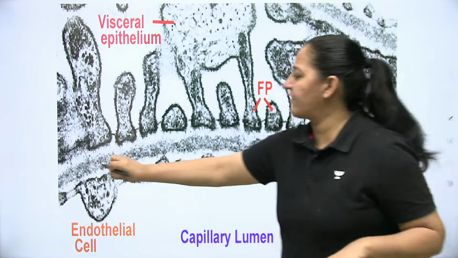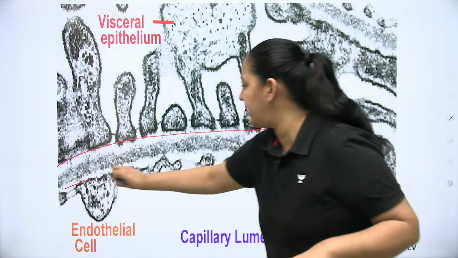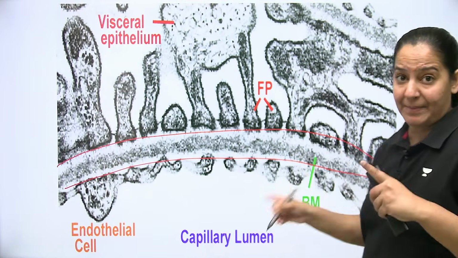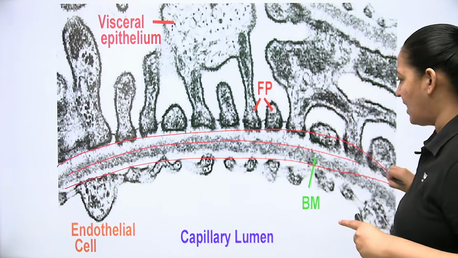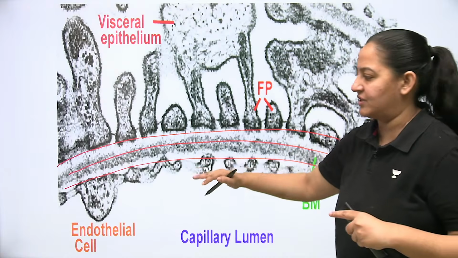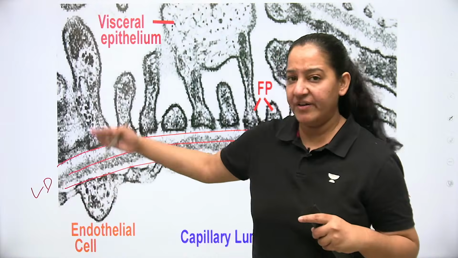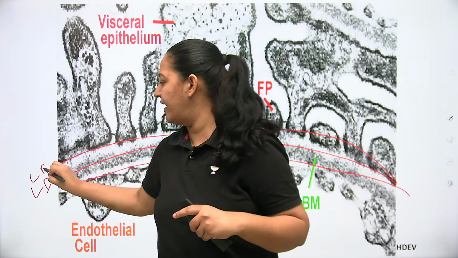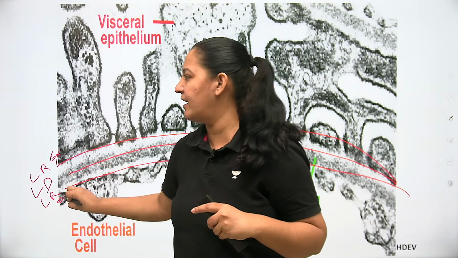Yeah, here in this diagram, can you see this is the filtration barrier? Please appreciate the central portion which is darker, and the peripheral two are lighter. So the central darker portion is lamina densa and the peripheral two lighter portions are lamina rara externa and lamina rara interna.